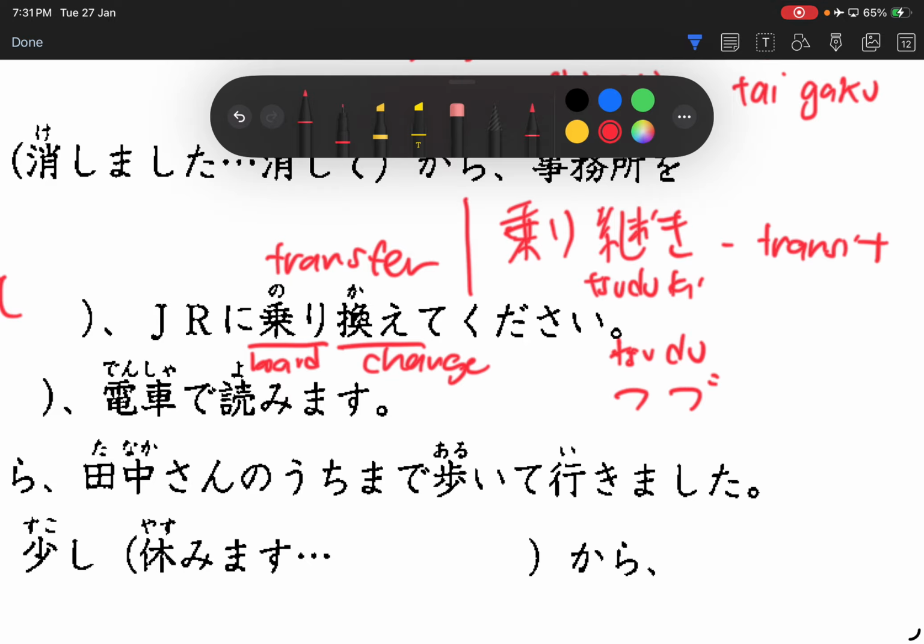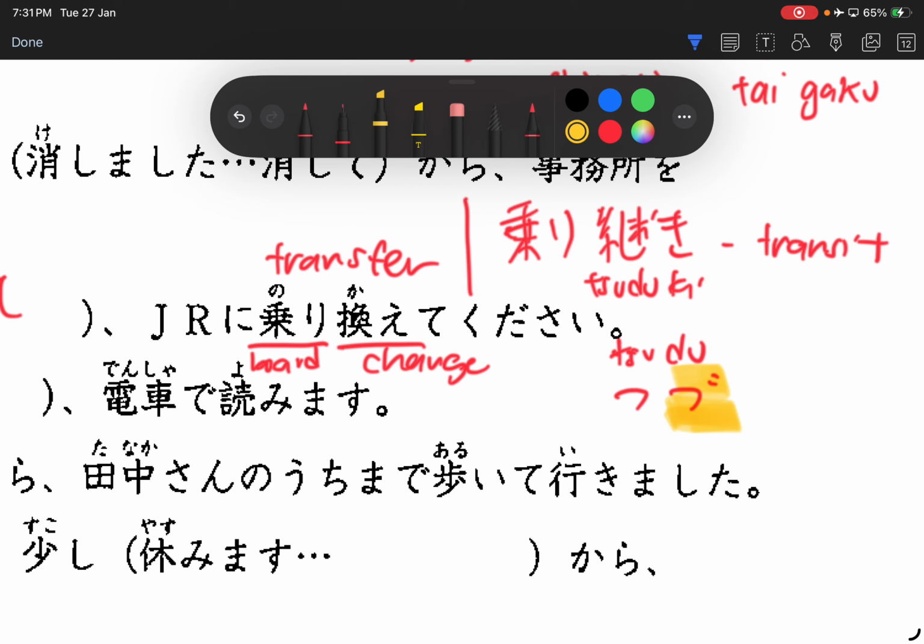Then I told you this is the only time you will see this particular hiragana in play. This is the only time you will see this guy over here, you don't see this guy in any other words, only this word. 続き means to continue.